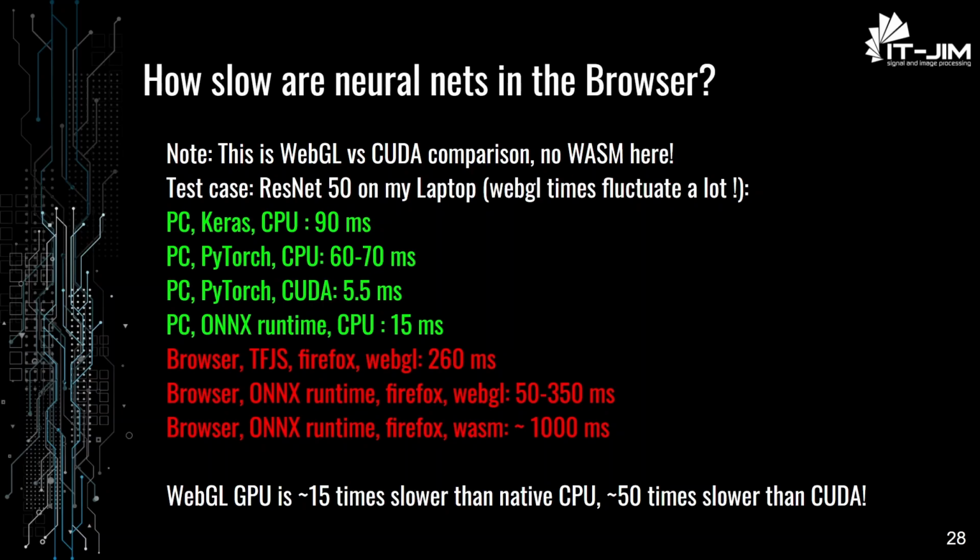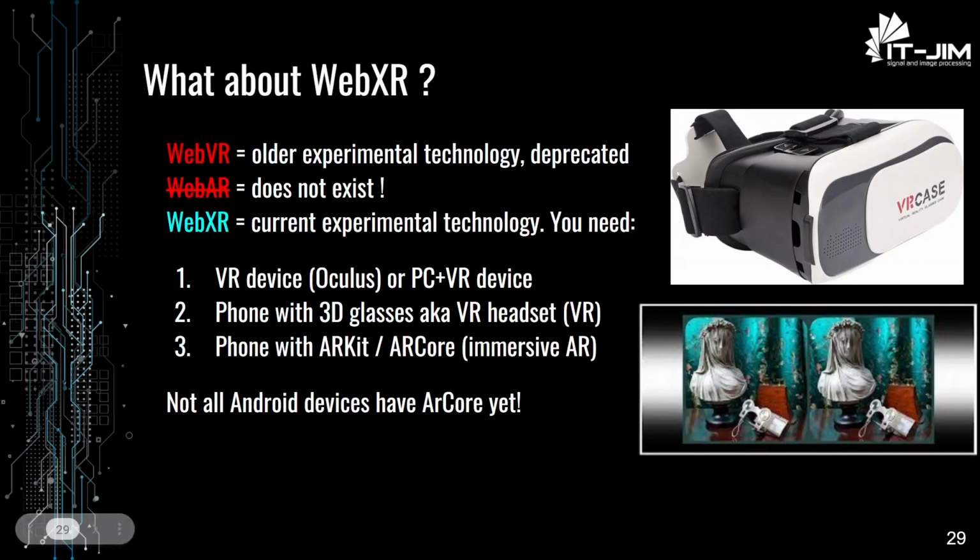So you see, browser makes things really, really slow, 10 times or more, and even WebGL doesn't make things really good. So that's what you can expect from browser. In browser, anything larger than very small neural networks will likely take 1 second or more for one inference. Understand this. Next slide, please.